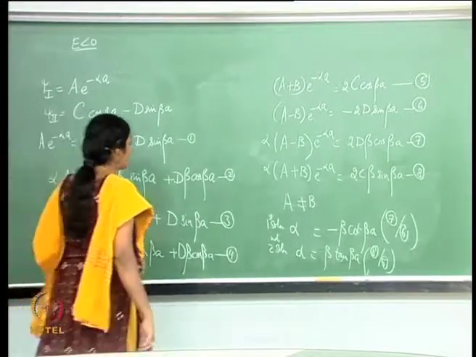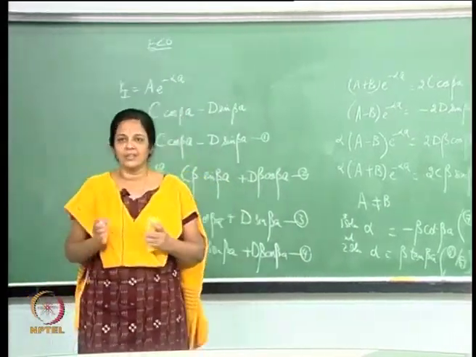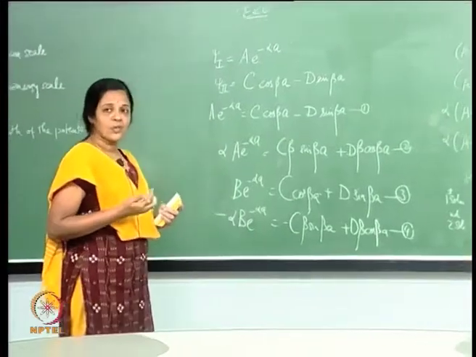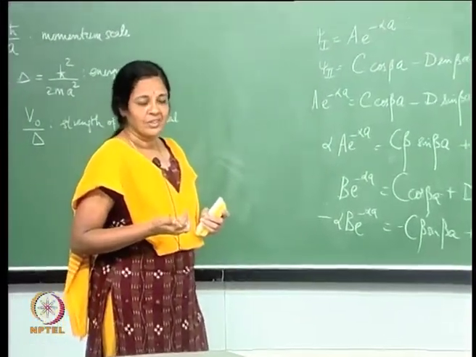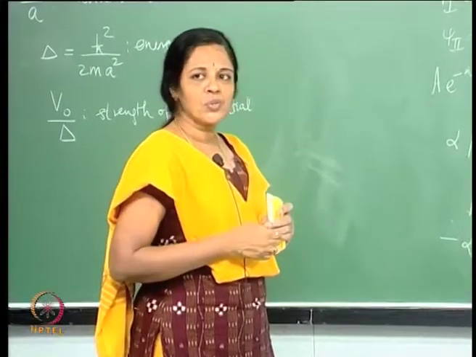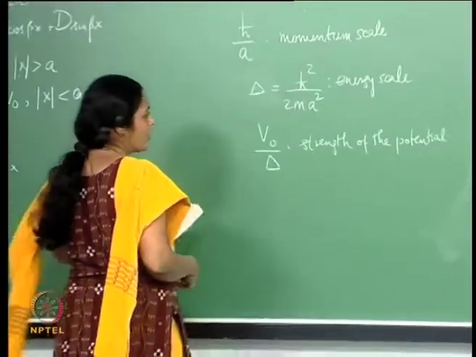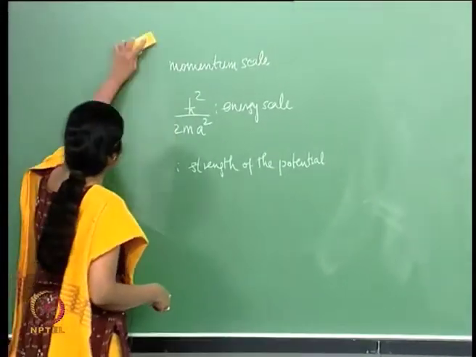Right away, one thing is clear, that only certain values of beta A are allowed in this problem, because alpha is positive and beta is positive. So the tan function, only some regions are allowed, and that I can easily check out now.